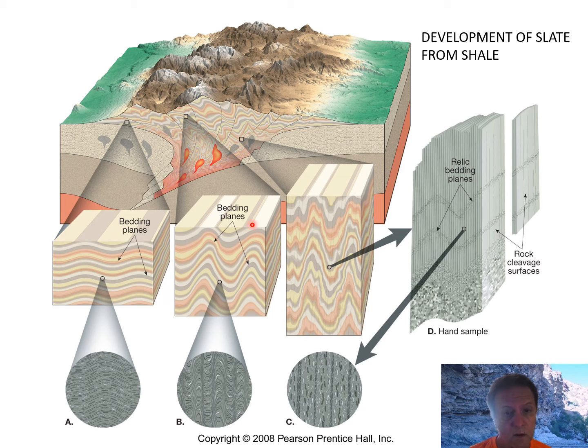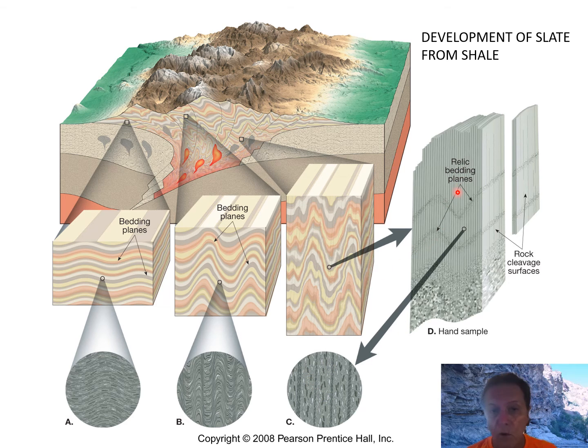So we get bedding planes that develop like so, which become more and more prominent. You see these bedding planes showing up here, showing up here. The squeezing is still side to side, but it actually forms secondary planes that go up and down, like you see here.